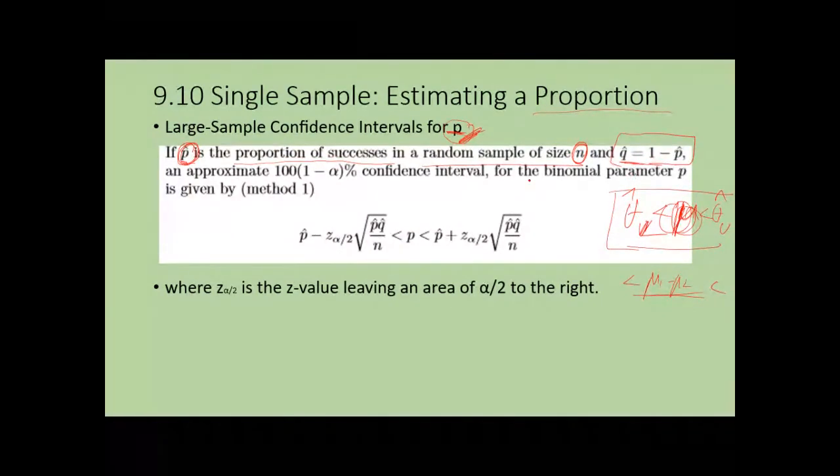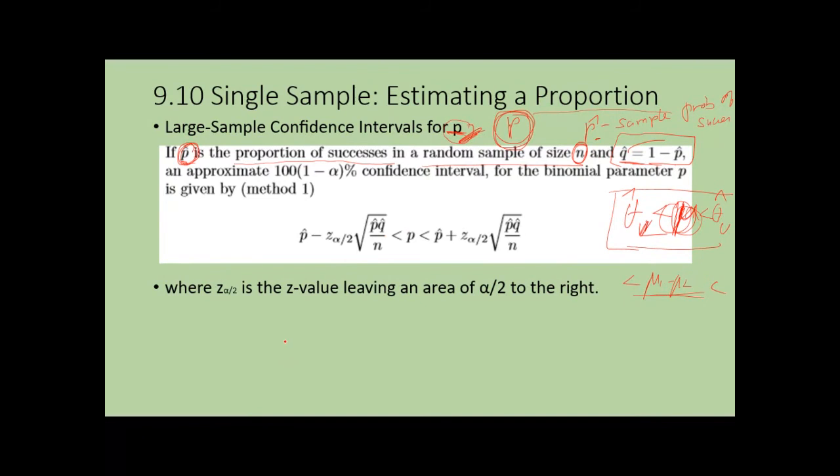P cap is the sample probability of success, and Q cap is the probability of failure. If there is no cap, this small p stands for the population proportion. So we are going to find the interval for this P.